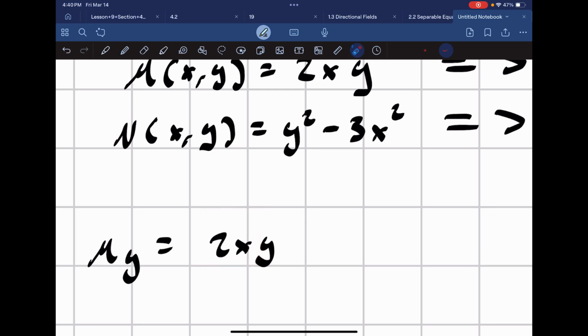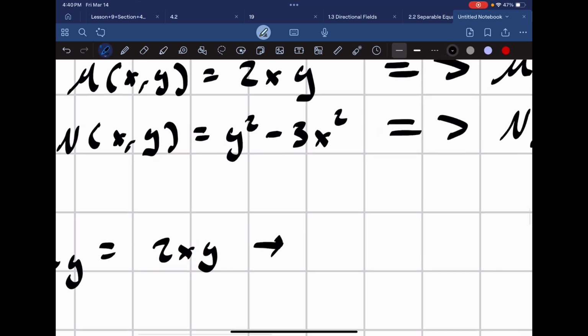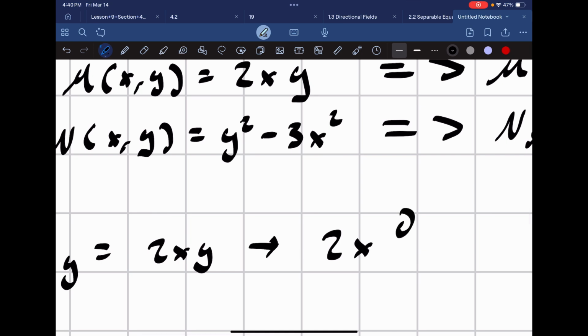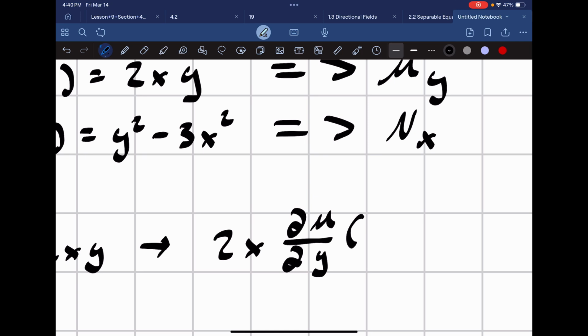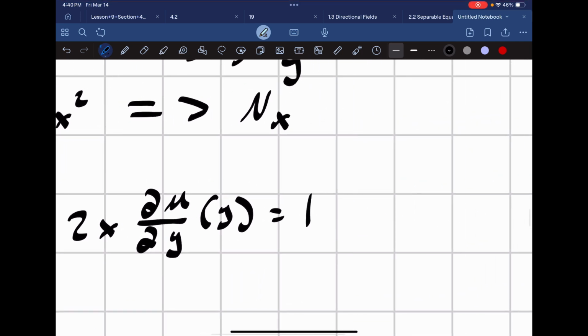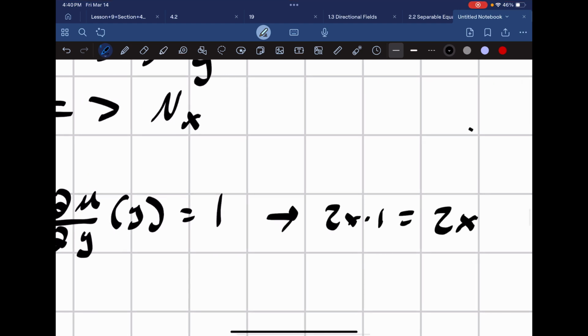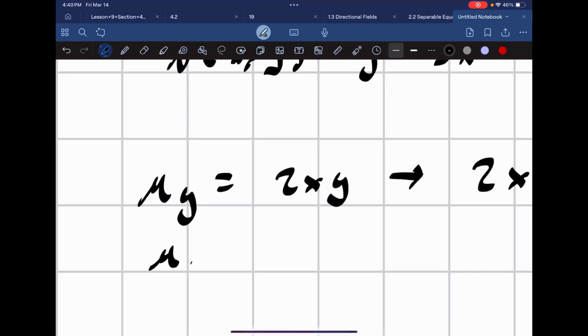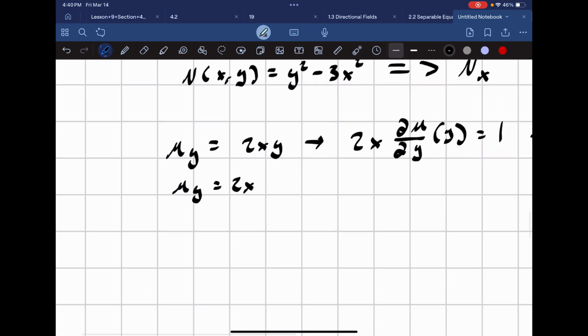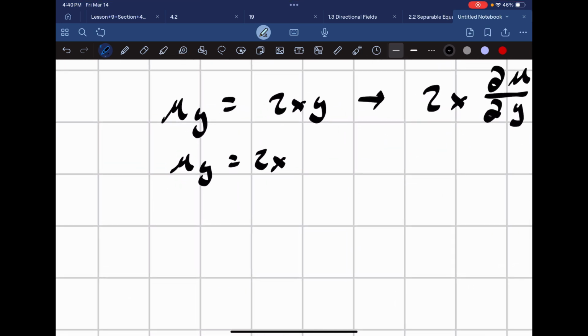So what we do is take that out and find the partial of this y, which is just 1. So we substitute the 2x back in, so 2x times 1 equals 2x. So M_y equals 2x.